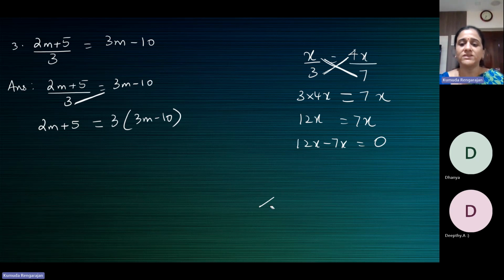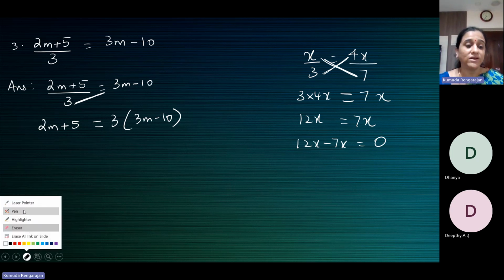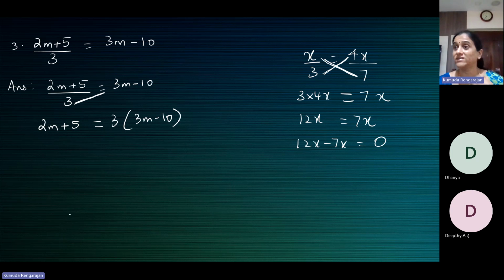If you write 1, it becomes 1. When 7x comes to the left hand side, there is nothing on the right hand side. So 0. 5x is equal to 0. X is equal to 0 by 5, which is 0. So the value of x is 0. So this is cross multiply.